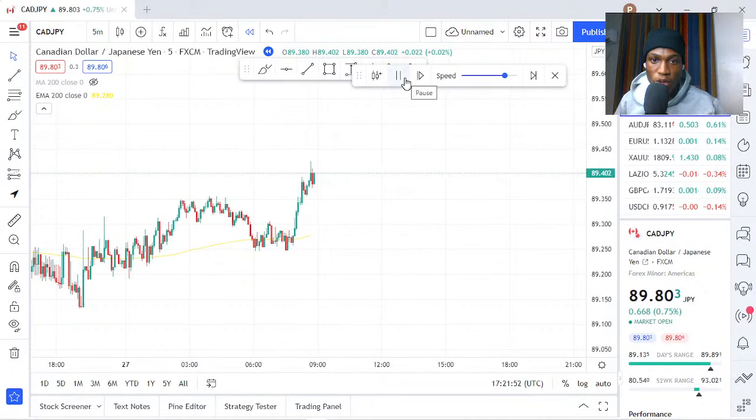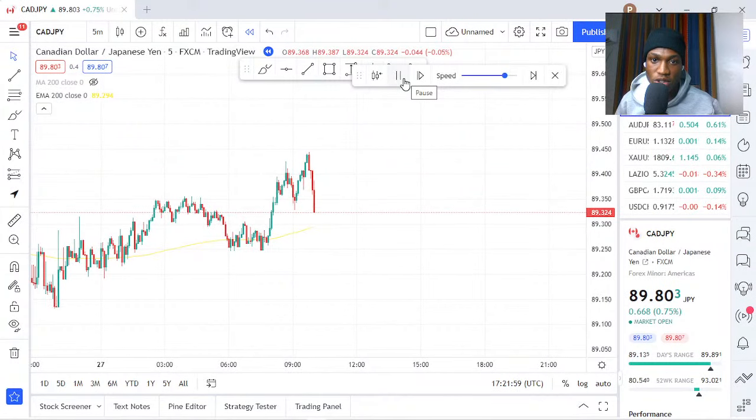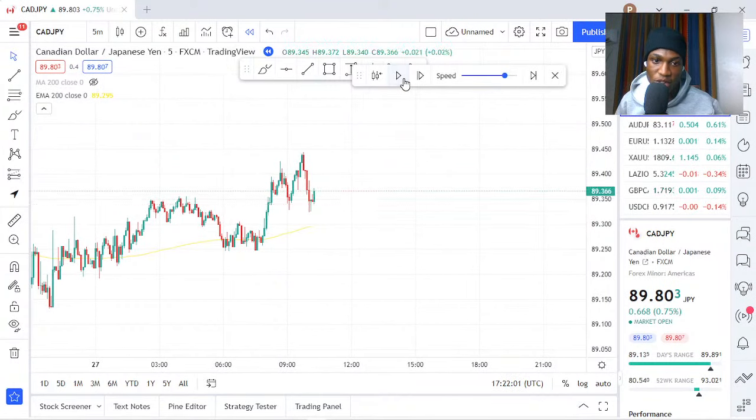If you notice, the market is trying to form what looks like a double top, right? And remember, I told you, at any point in time in the market, you can apply a new strategy or an adaptive strategy that's going to fit what the market is doing at the moment.